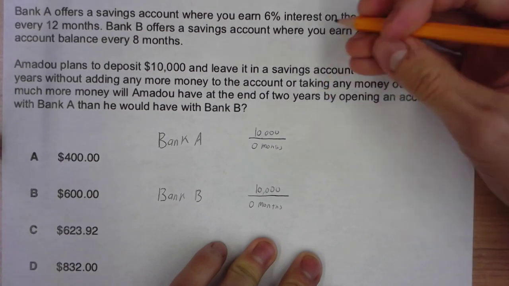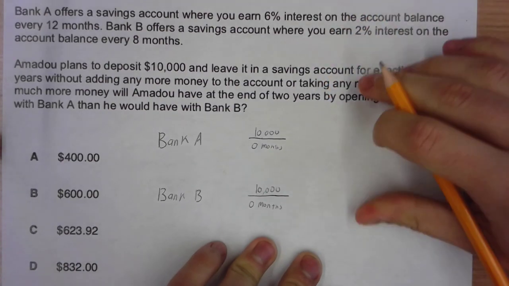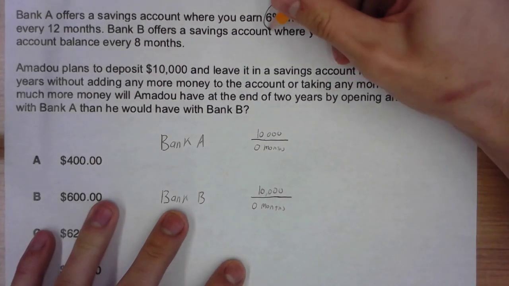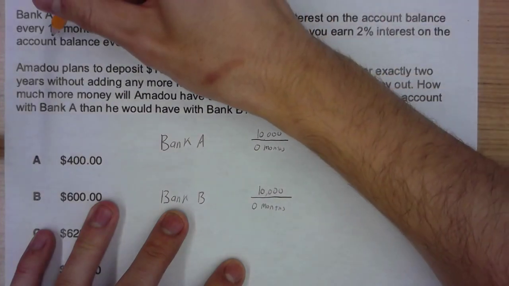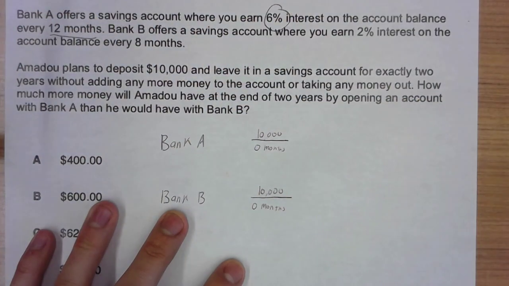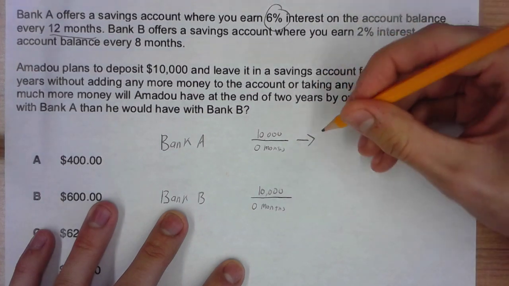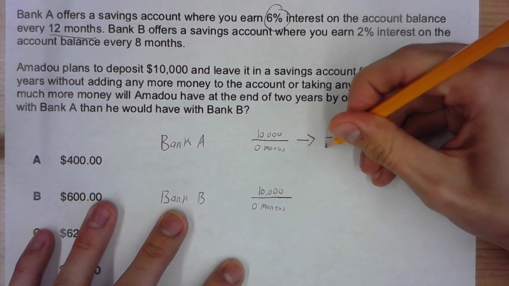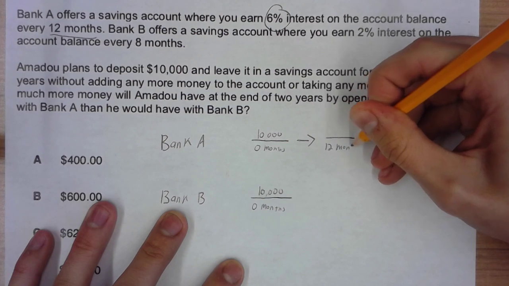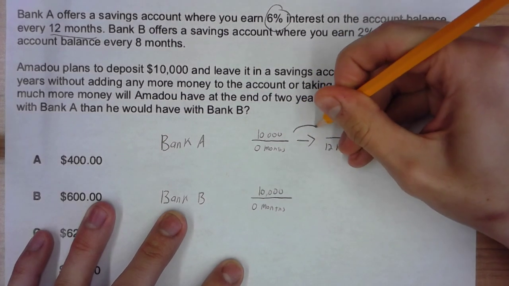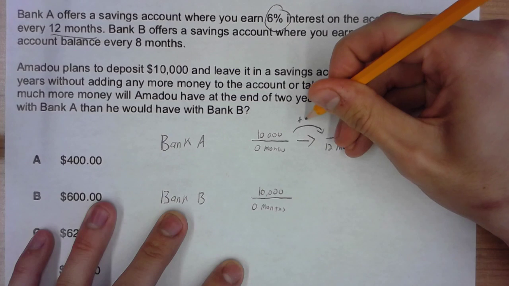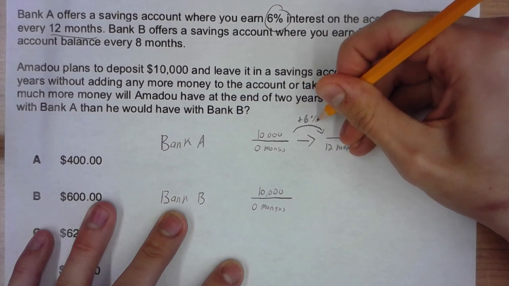So, what is happening in bank account A? As we can see, it is offering a 6% interest rate every 12 months. So, our next line on our roadmap, 12 months in, we are increasing by 6%.